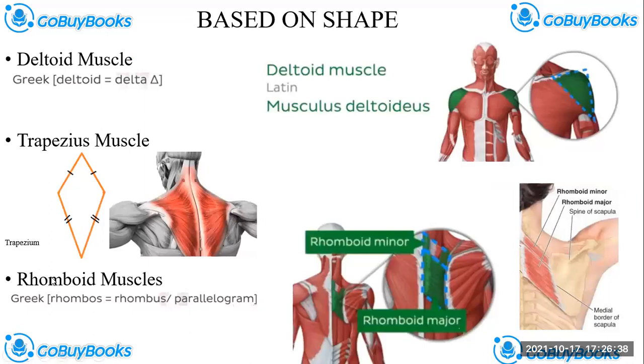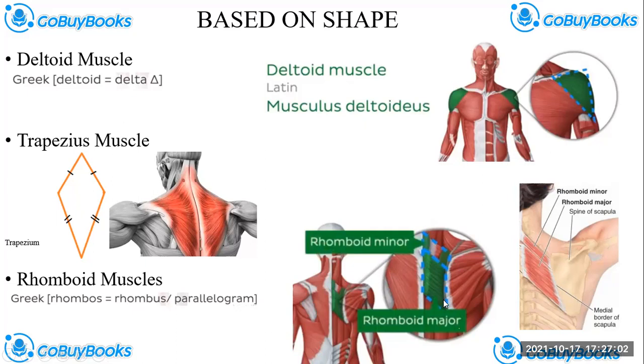Yes. Okay, let's talk about it. What I said was that rhomboid is the Greek word for parallelogram. Are you with me? Yes, sir. Okay, so the muscle, if you look at it, is parallelogram in shape, like this.